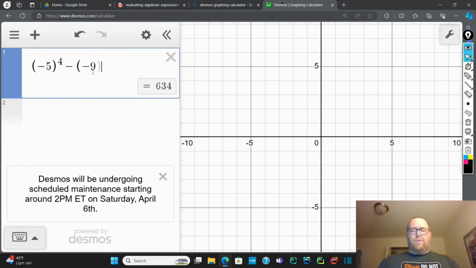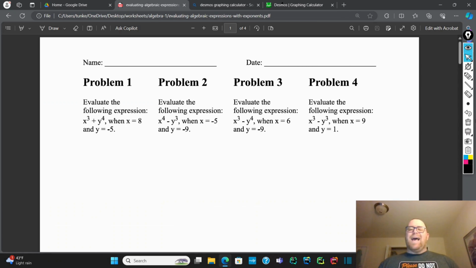But anyway, this is why you always check your work. So we're going to do negative 9 cubed. Notice we get a larger positive number, right? Because we're subtracting a negative number. I added. So let's just go back to why that works. Okay, so x to the fourth power, that's 625. And remember, I added, but we're going to be subtracting.